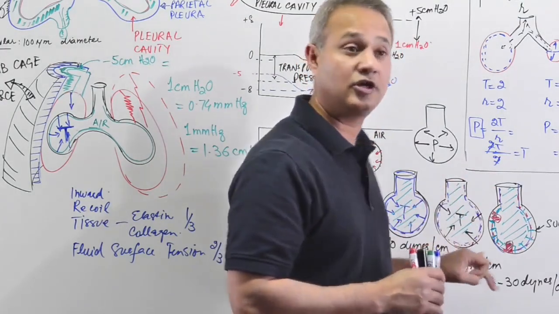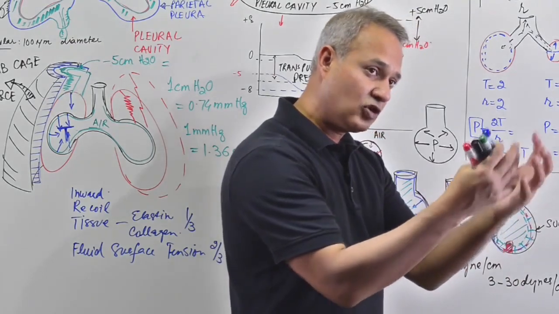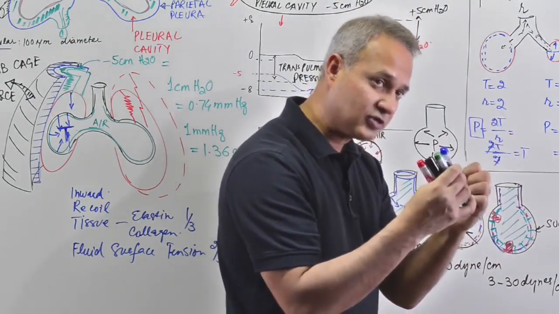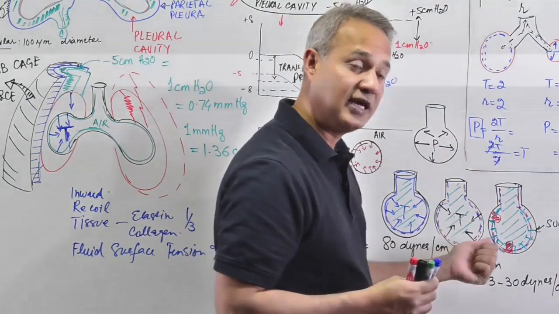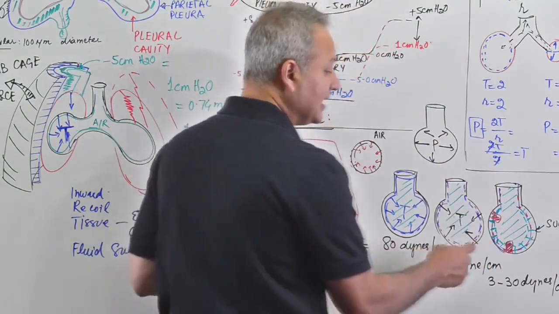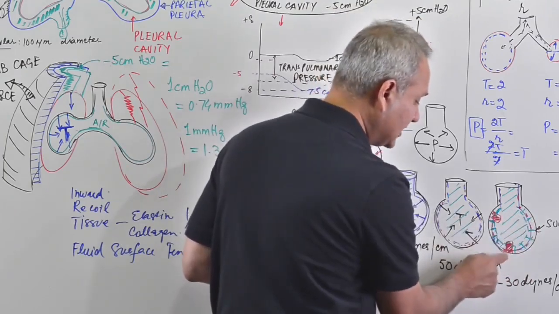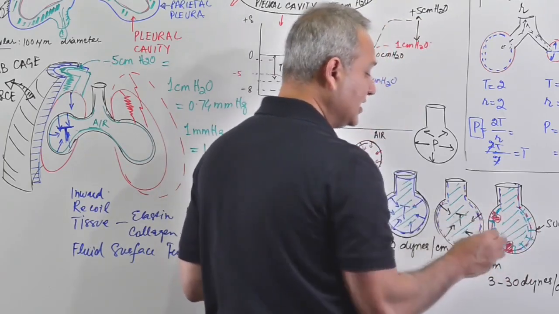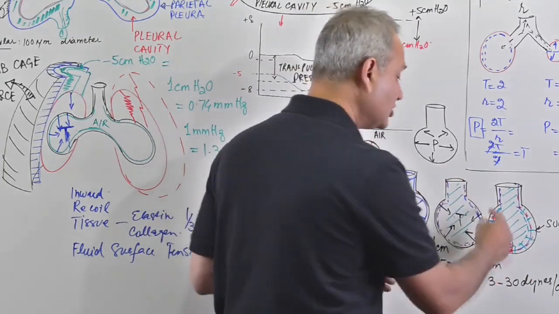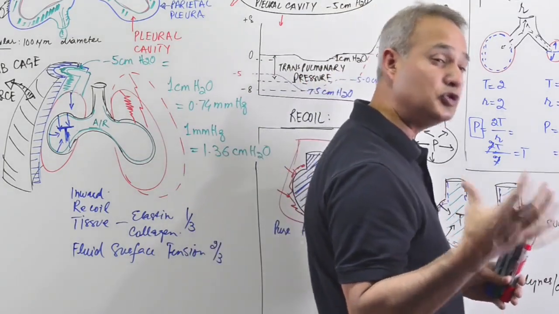Why? Because the water is not pure anymore. So the water-air interface causing the water molecules to attract to each other is reduced, that tension has reduced. And then if you add surfactant, for example here if you see an alveolus that has type 2 pneumocytes, about 10% of the alveolar cells are type 2 pneumocytes.